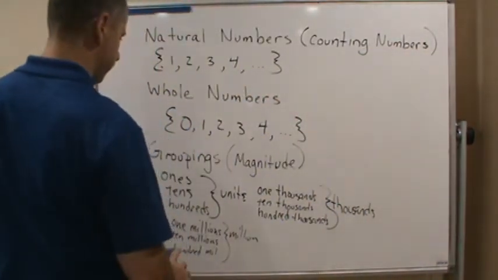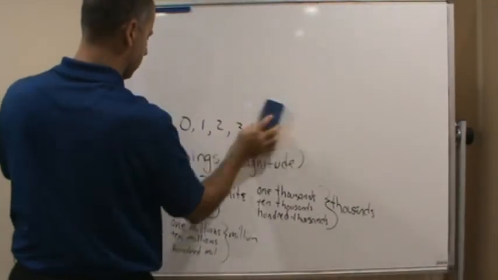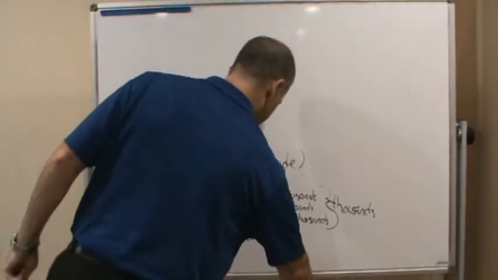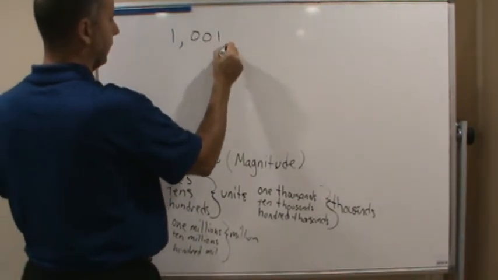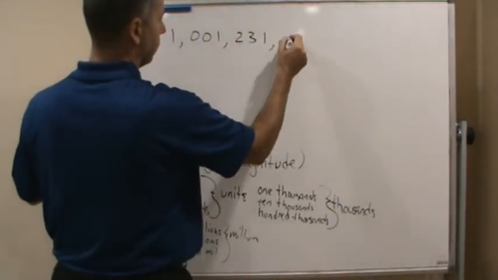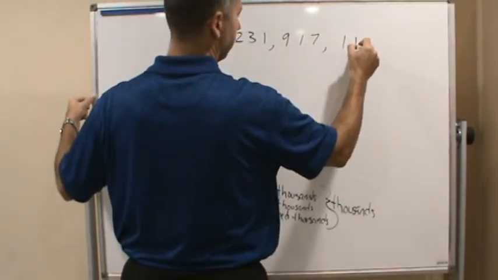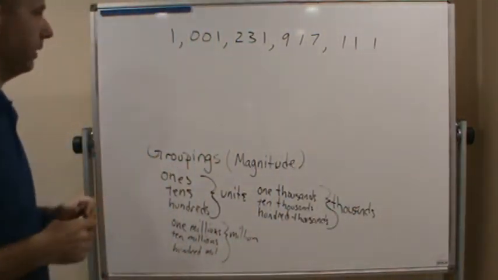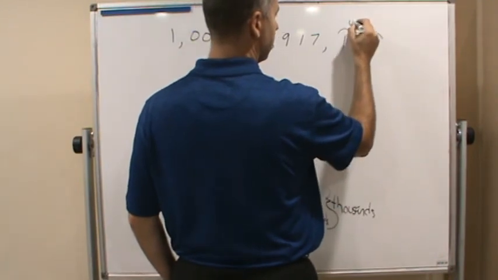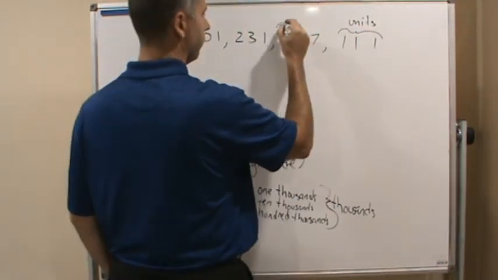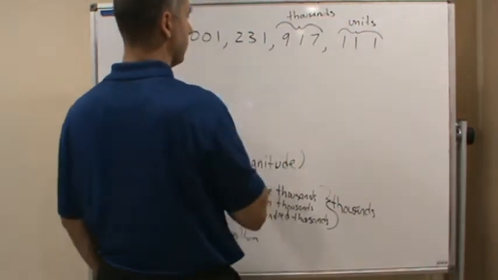So, for example, if I have something like this, right? We know this is the units. Thousands.